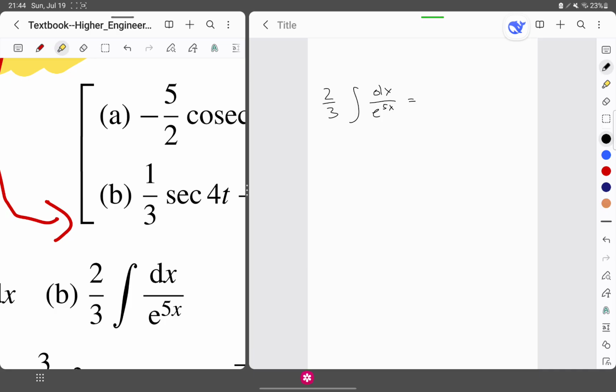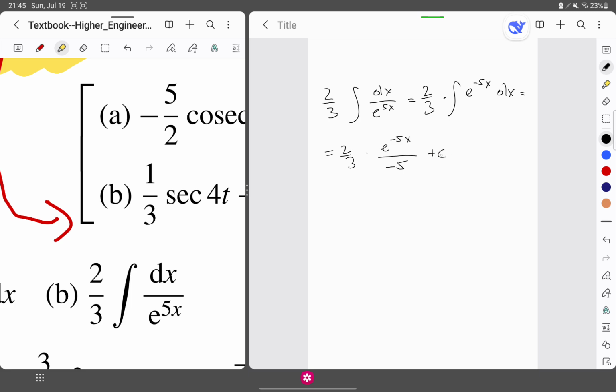But anyways, it will be 2/3 times integral of e to the power of -5x dx. 2/3 times e to the power of -5x over -5, plus c, by the way.